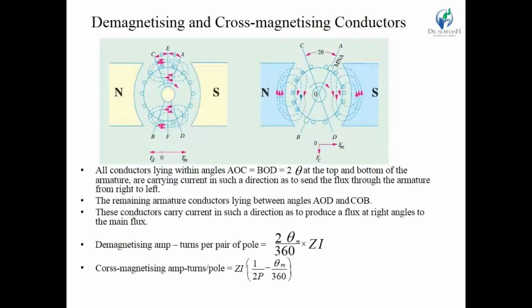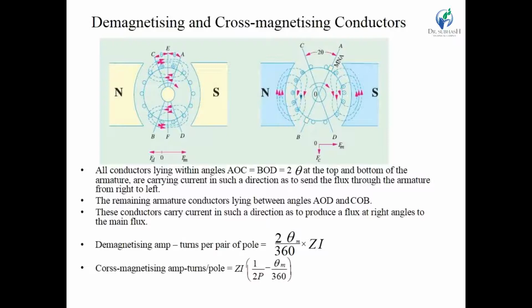This effect is also called the demagnetizing effect. The distortion of the flux density has an adverse effect on commutation. This effect can be overcome by interpoles. The flux density distortion also limits the short-time overloading capacity of the DC machine.